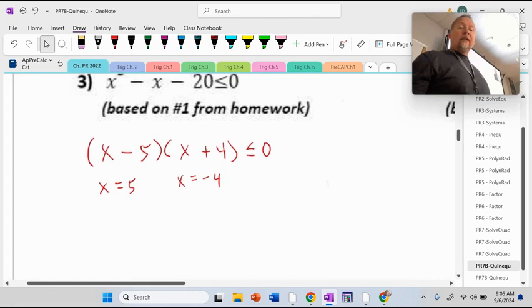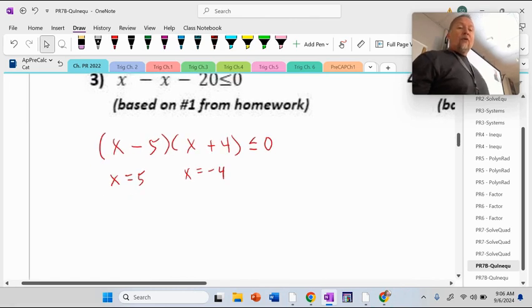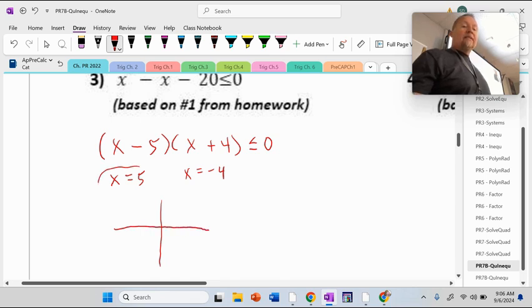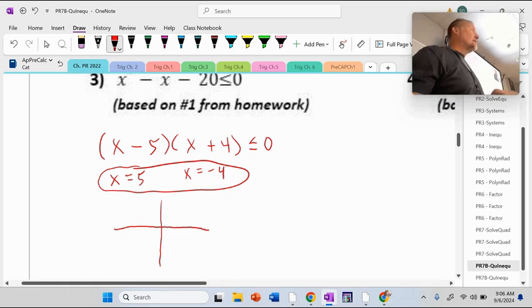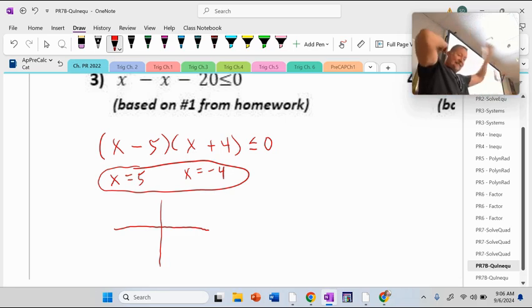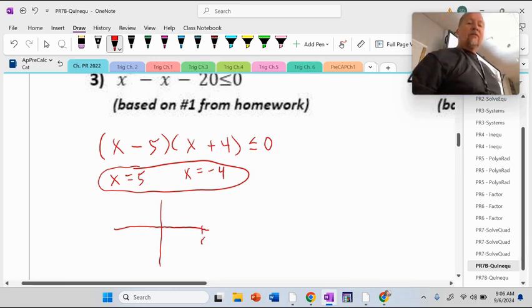Now, graphical analysis for the graph of x squared minus x minus 20, these are the whats? Anyone know? Those are the intercepts, actually the x-intercepts. So 5 would be an intercept, and -4 would be an intercept.